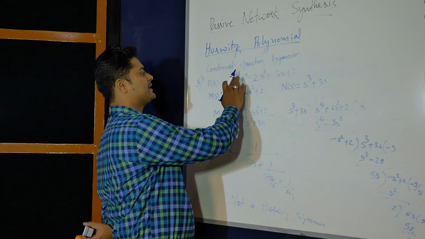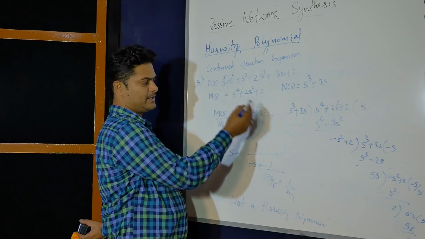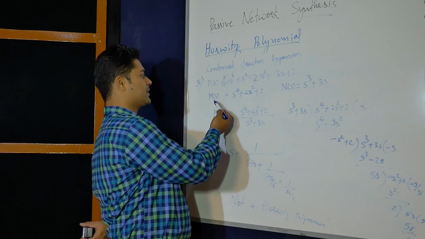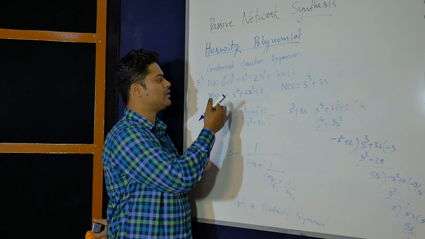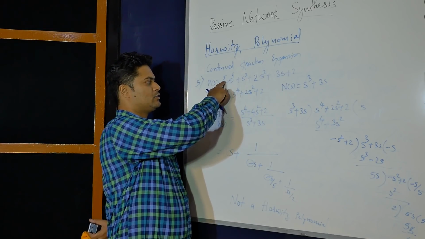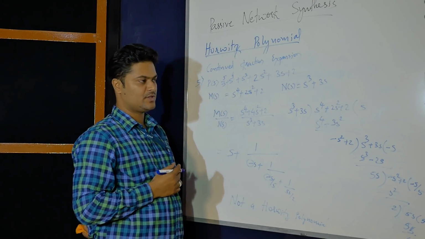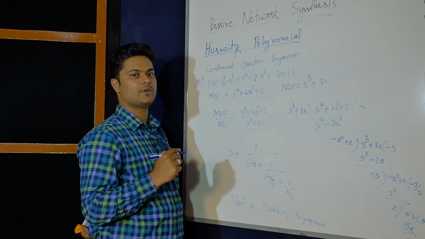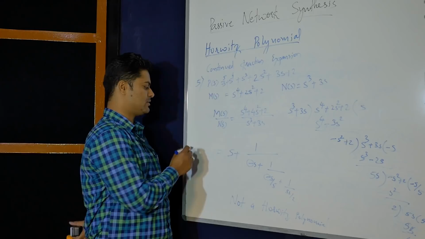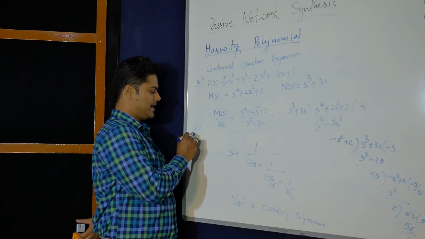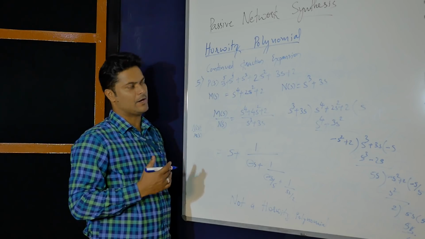The problem may also have s to the power 5, s to the power 4 in this kind. At that time n of s will have 1 degree greater than your denominator, because s to the power 5 is the odd polynomial which has 1 degree greater than your even polynomial. So we have to go for the continued fraction expansion of n of s by m of s. Okay, this is all about Hurwitz polynomial.